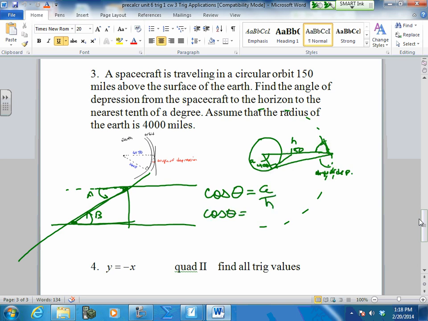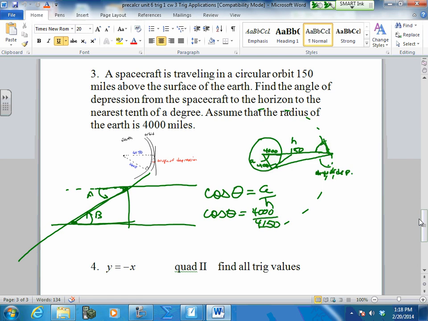My hypotenuse should really be not 150, but the radius, which is 4,000, plus 150. This is obviously not drawn to scale. 4150. So you've got adjacent 4,000 over 4150.